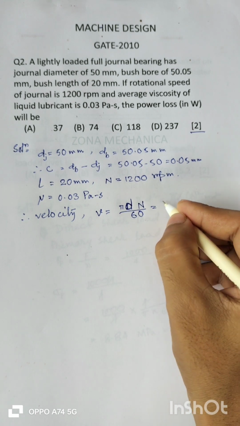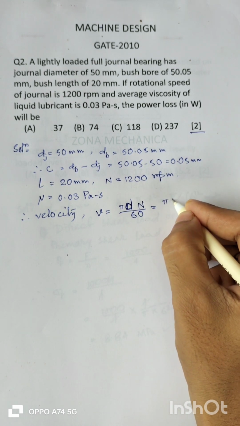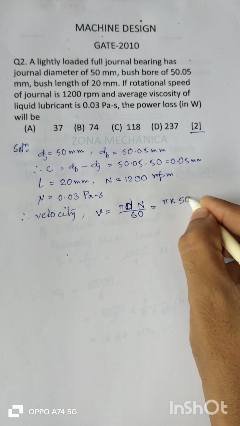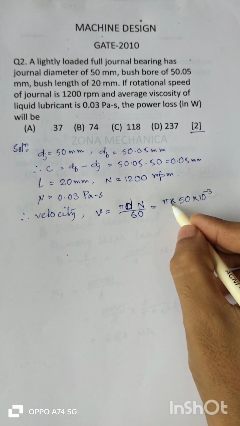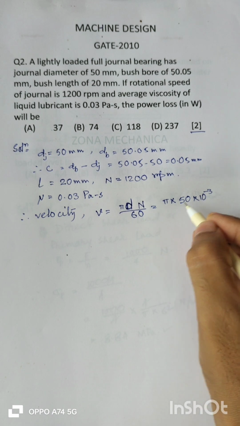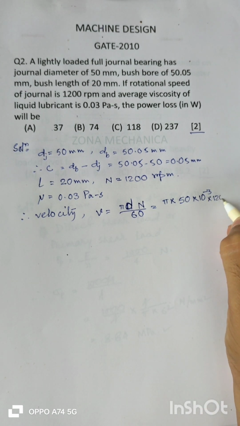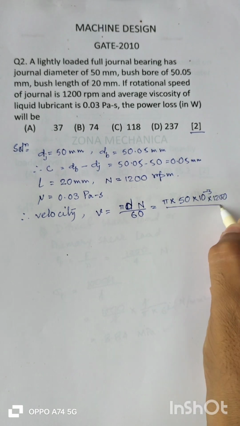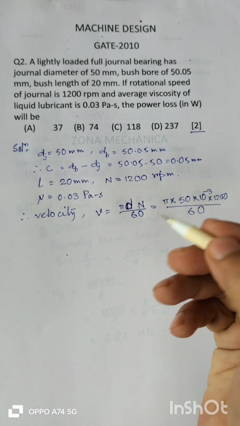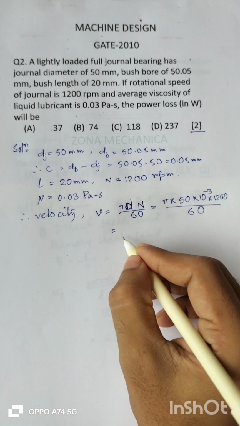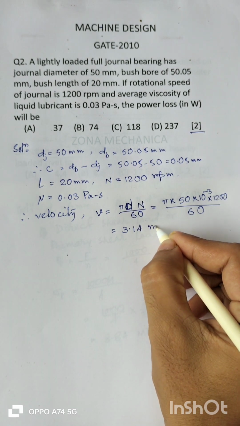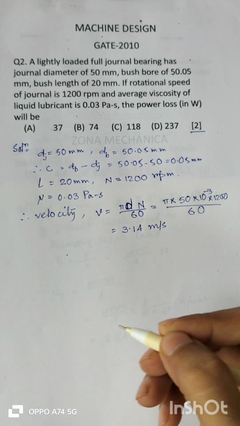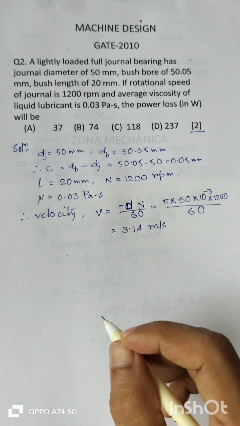So pi into d, which is 50 mm multiplied by 10 to the power minus 3, into n, that is 1200, divided by 60. This will give 3.14 meter per second. So this is the velocity.